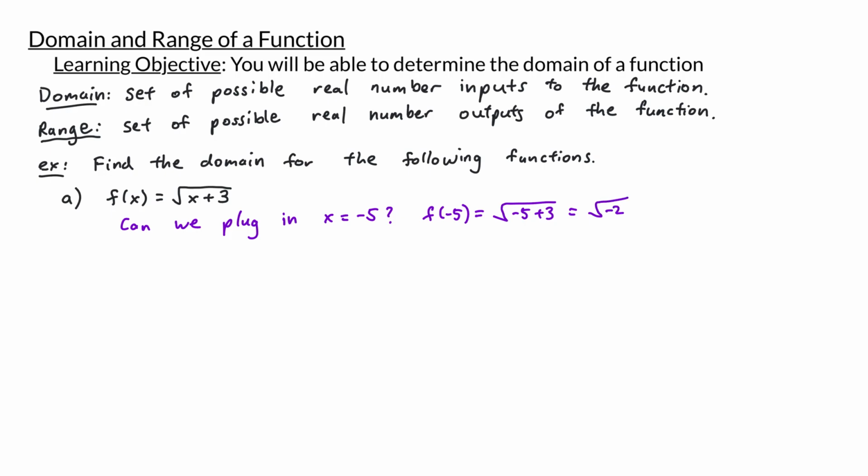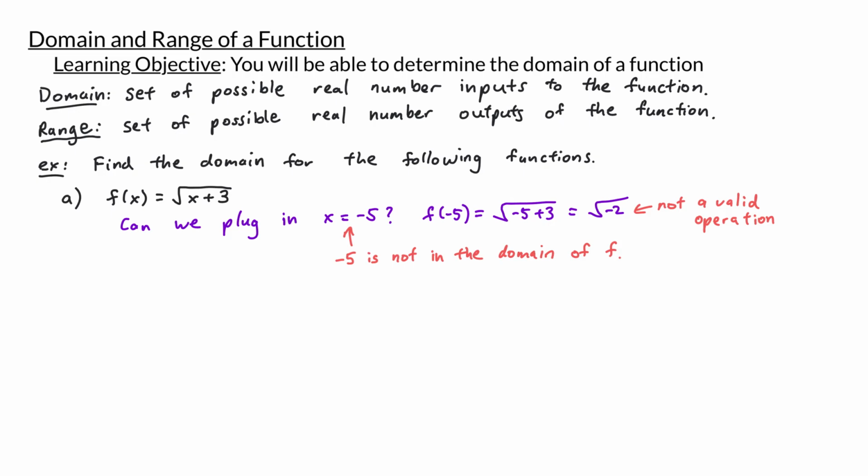We have a problem here because there's no real number that squares to -2. So since we can't take this square root, we say that -5 is not something that we can actually plug in. So -5 is not in the domain of our function.